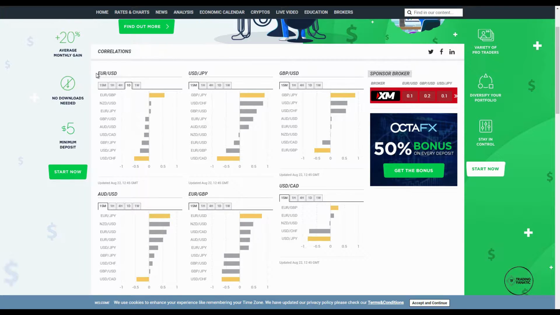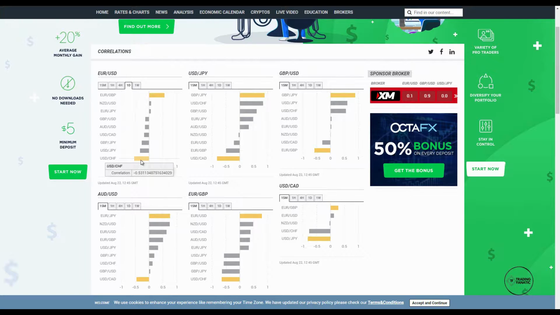So EURUSD currently, if we have a look at the daily time frame, we see that the pairs at the top are the positively correlated ones, which means that they move in the same direction as the given pair. As we go down, those become negative.